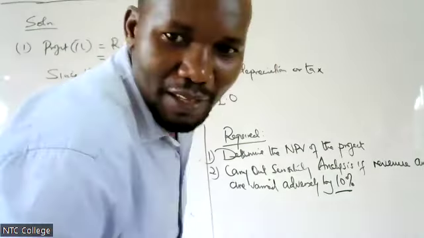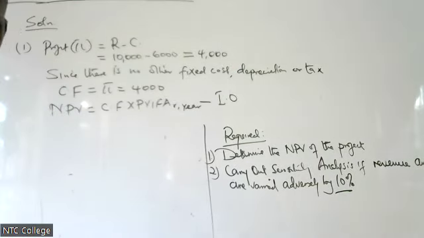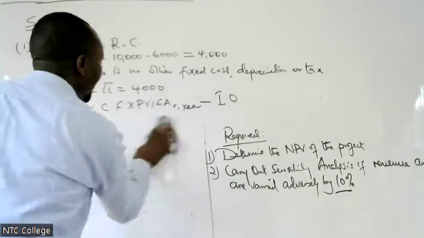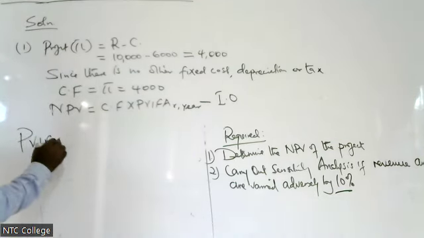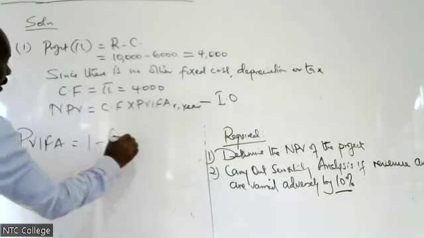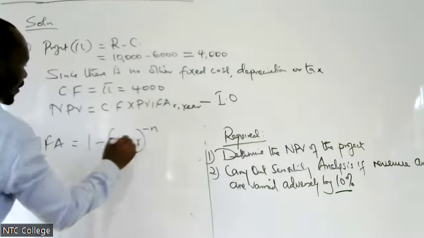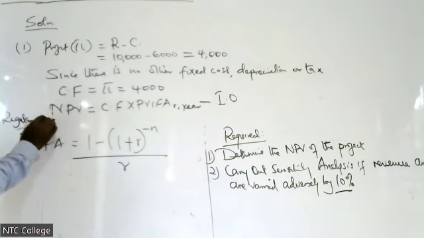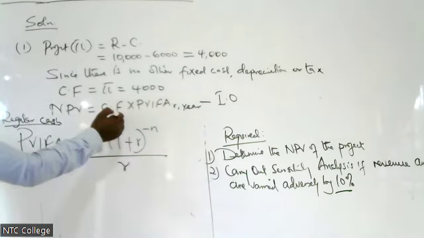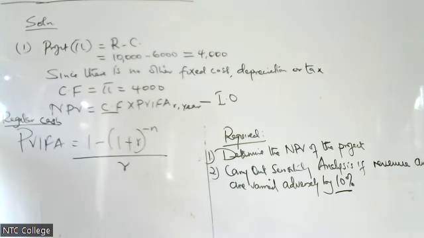What is it? The formula for getting PV per is 1 minus bracket 1 plus R to the negative N, all over R. For PV per, that's where we have the regular cash flow. If the cash flow that you want to discount is regular, you use PV per.